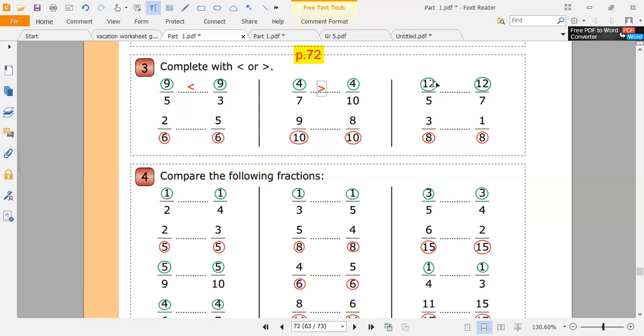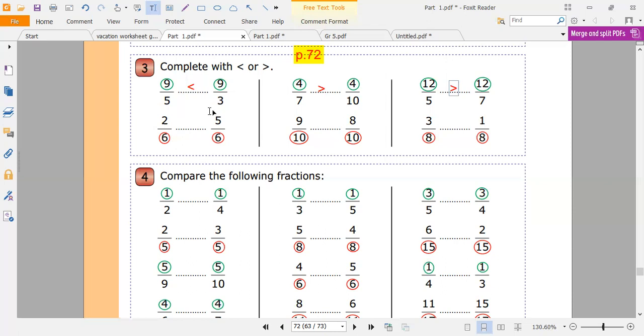Here, 12/5 has a smaller denominator, so it's greater than 12/7. Now in this line, all the fractions have the same denominator. So now we know that if the fractions have the same denominator, the fraction that has a greater numerator is the greater.